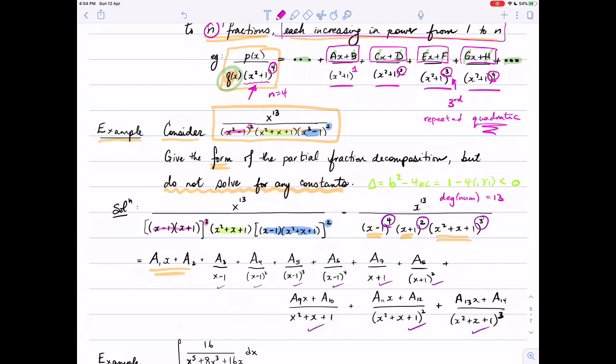And the degree of the denominator, do we have to expand it all out to figure it out? We do not. We know the highest power we're going to get from x here is x to the fourth. We know the highest power we're going to get here is x squared. And when we cube a square, we know the highest power we're going to get here is x to the sixth, which means that the highest power in the denominator, summing those together, is going to be 12.